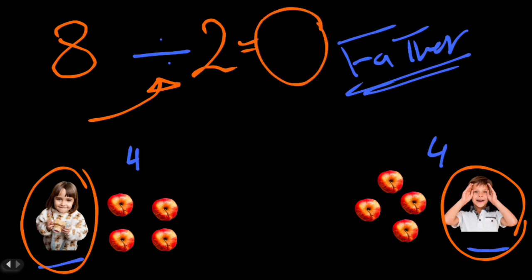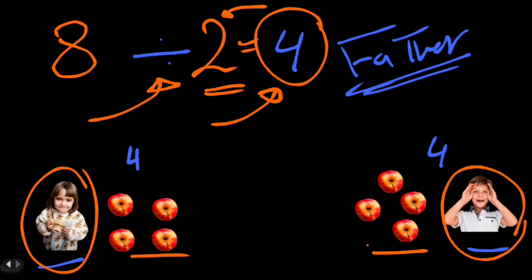And the result must tell me how many apples each one of these two will take. I distribute 8 over 2, so each one took 4 apples, so the answer will be 4.